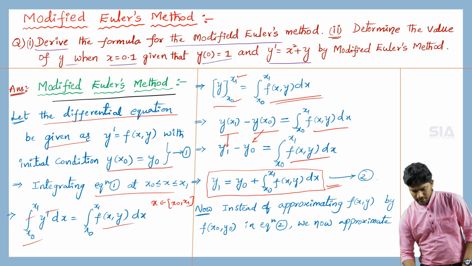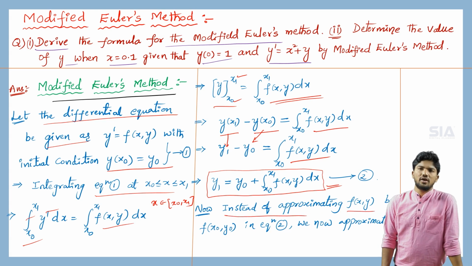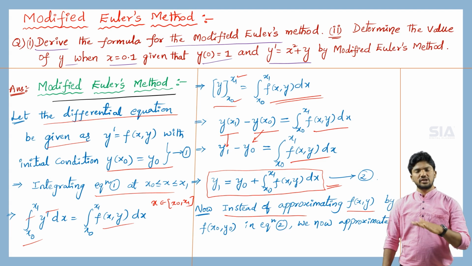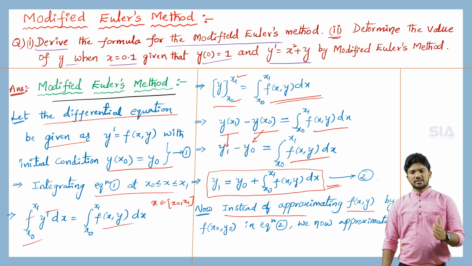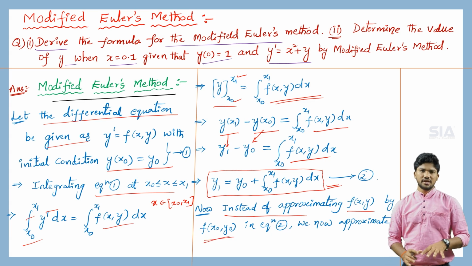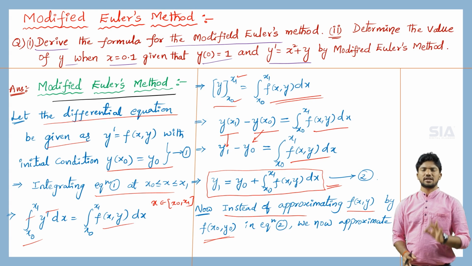Now, instead of approximating f(x, y) by f(x0, y0), which is what we did after getting equation number 2 in Euler's method, we should not make that mistake again.